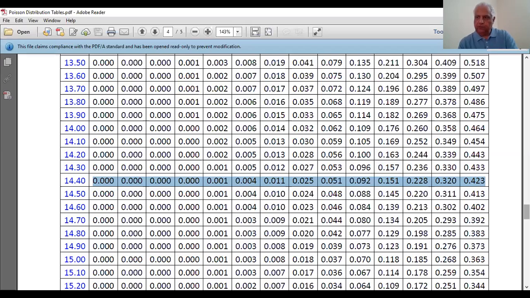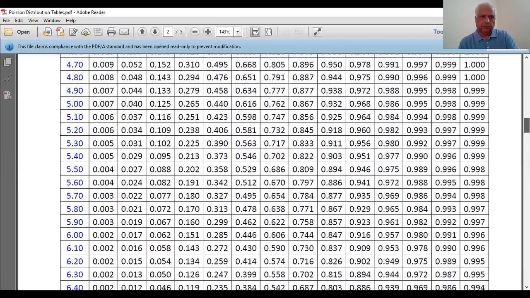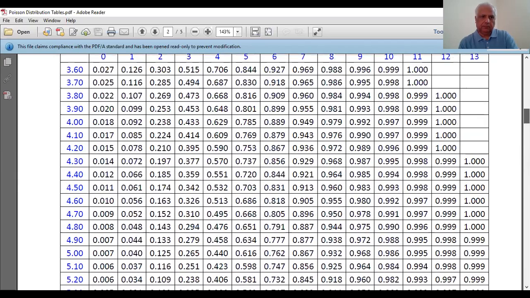Okay. First one was 4.8. It is this value here, 0.975, because the one to the left of it is slightly less, so we will take this. Next, this is C is equal to 9.